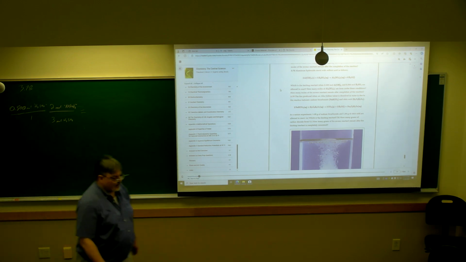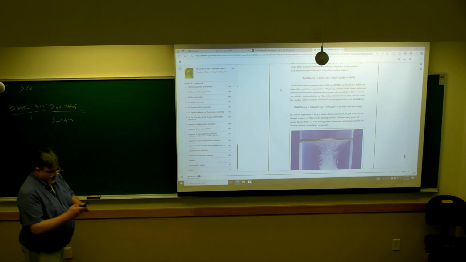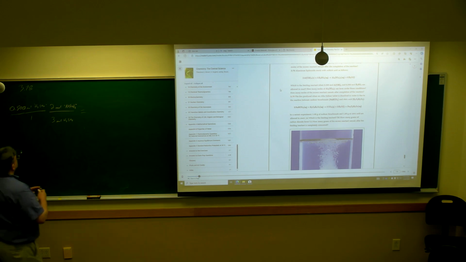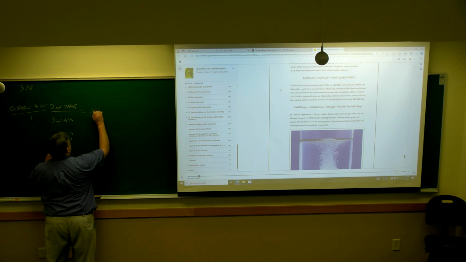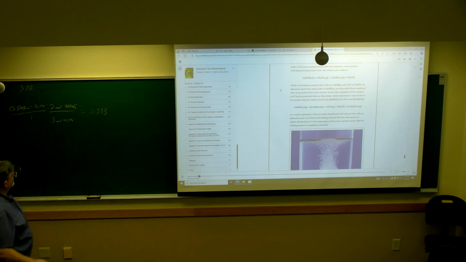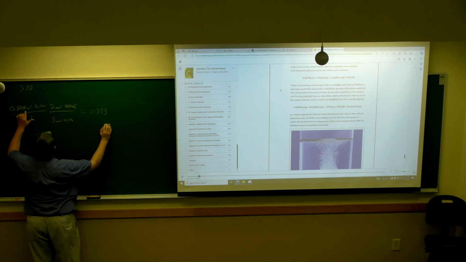Here's my calculator. 0.5 times 2, divided by 3. So the answer is, my calculator gave me 3s all the way out, but it's going to be 3 significant figures.